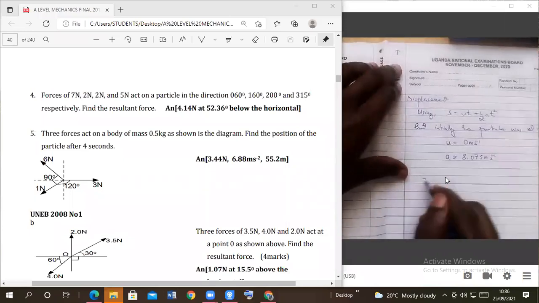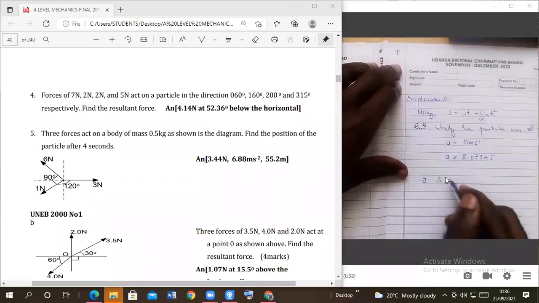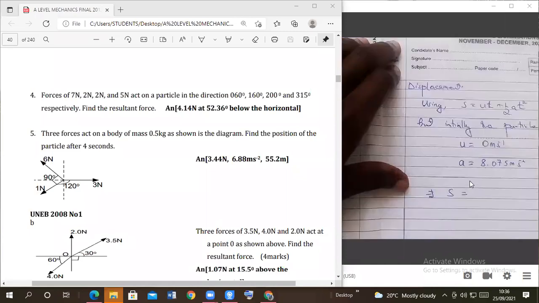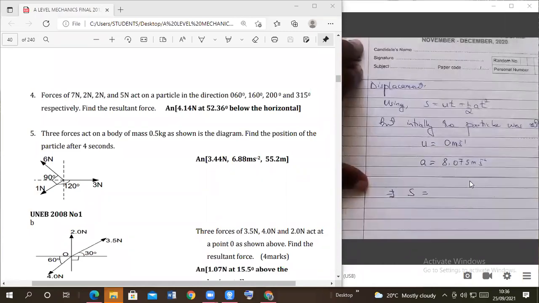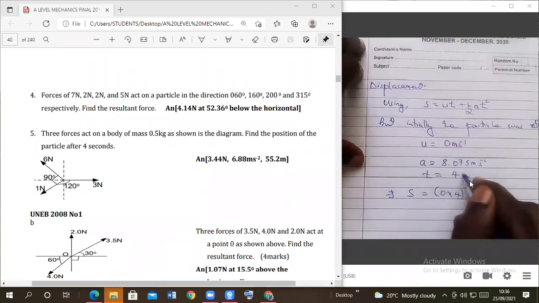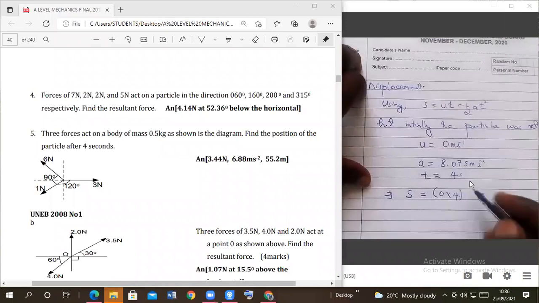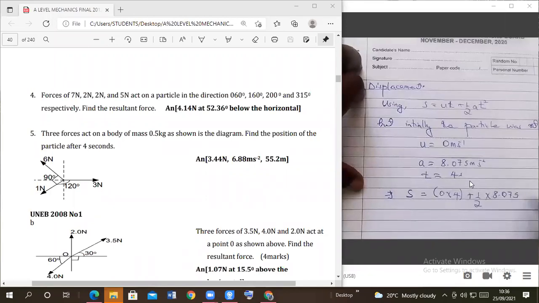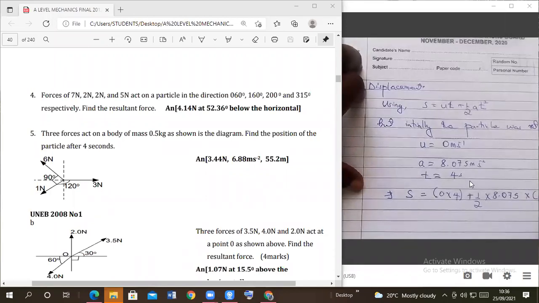So now it implies our S is equal to 0 times 4, because time was given to be 4 seconds, plus half times our acceleration, 8.075, times 16.